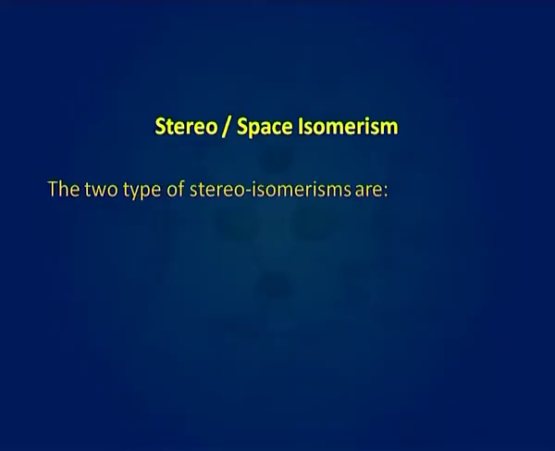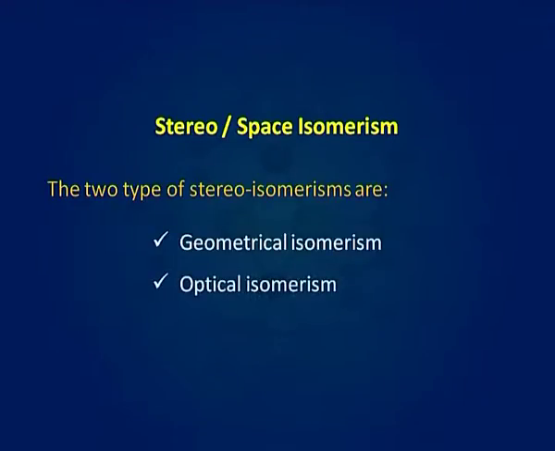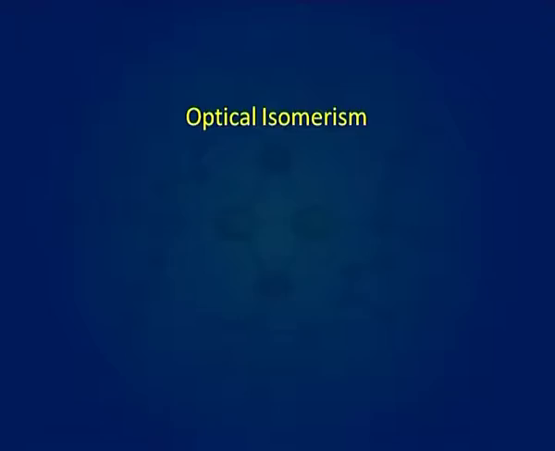Let us discuss what stereoisomerism is and what stereoisomers are. Stereoisomers differ only in the spatial arrangement of atoms or groups about the central atom. It is possible only in complexes having coordination number 4 or greater than 4. The two types of stereoisomerism are geometrical isomerism and optical isomerism. Our main emphasis will be on optical isomerism today.